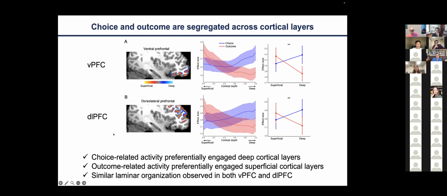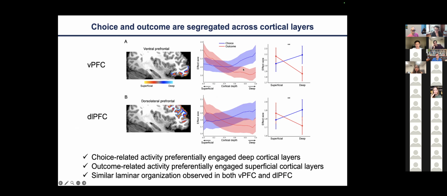So for the laminar results for the whole prefrontal cortex, we divide it into four subregions. In two of them, ventral prefrontal and dorsal prefrontal, we see a significant interaction effect between different decision-making stages and cortical layers.